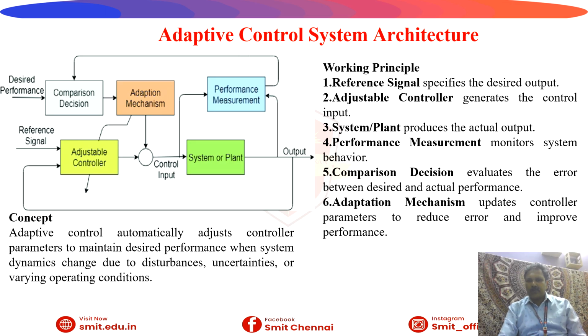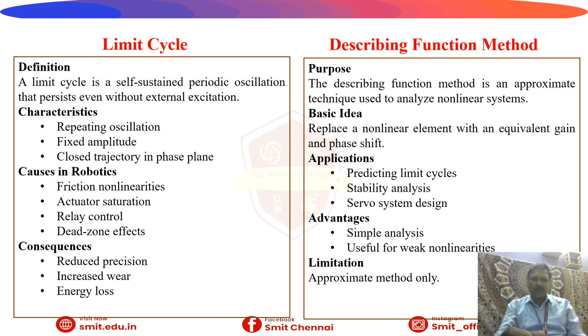The adjustable controller generates the control input. The system or plant produces the actual output. Performance measurement monitors system behavior. Comparison decision evaluates the error between desired and actual performance. The adaptation mechanism updates controller parameters to reduce error and improve performance.